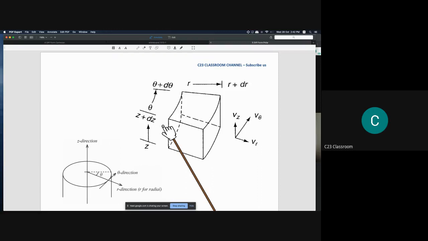For polar coordinates, we will use the symbol of velocity with a subscript like this. So v theta, or u theta, means the velocity parallel to the angle here, vz is the velocity along the z-axis, and vr is the velocity in the r radial direction.